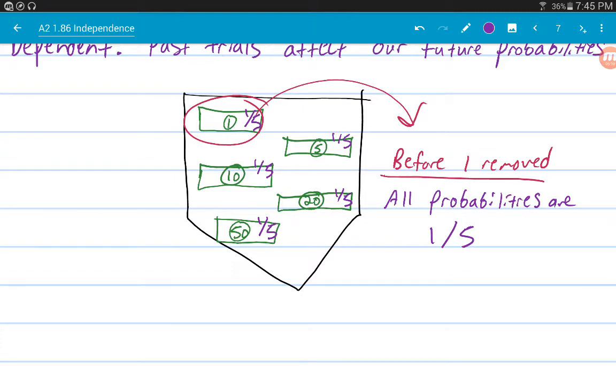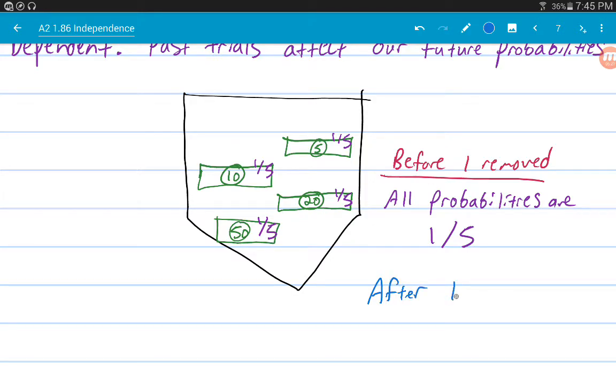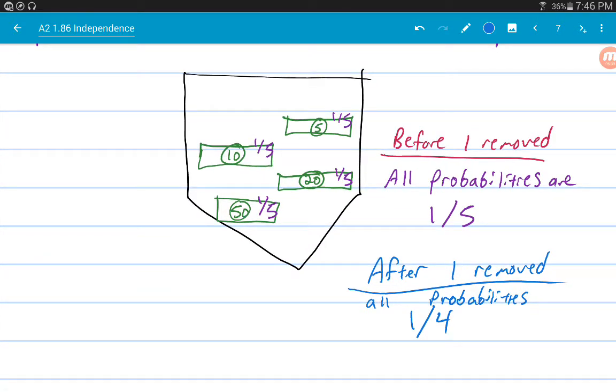Now, if I take that $1 bill out, it's gone. After the 1 is removed, if it's not replaced, the probability of getting each one of these is going to be 1/4. Except the 1, which is now 0.